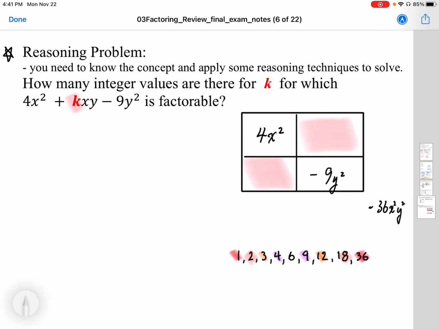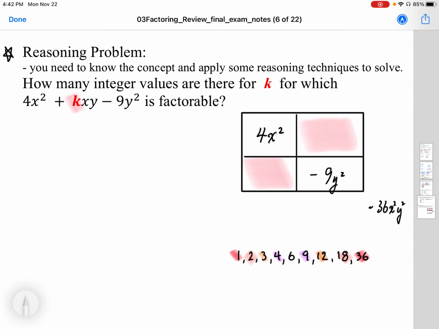Now I'm not going to worry about the x squared y squared because we already know that this pattern is going to generate an xy term in the middle. To figure the k out, it's going to be based on the red areas here. They must add to k.